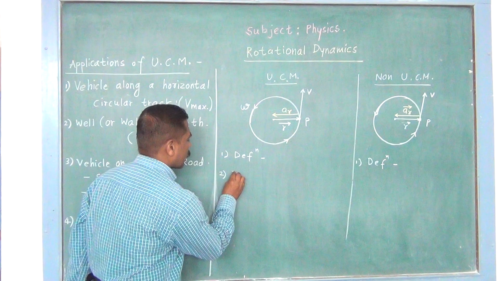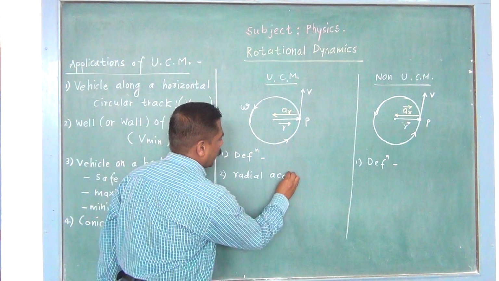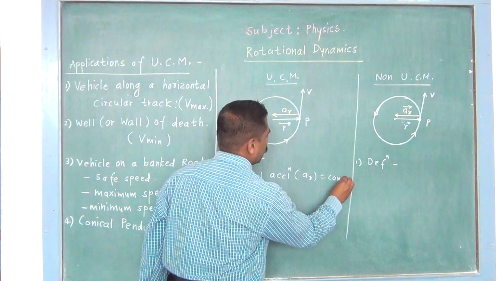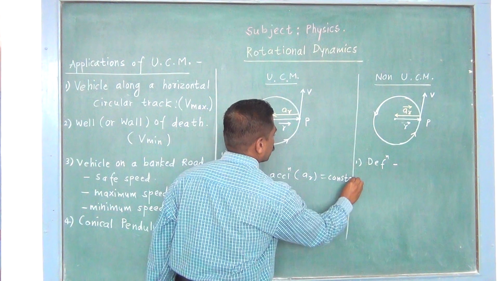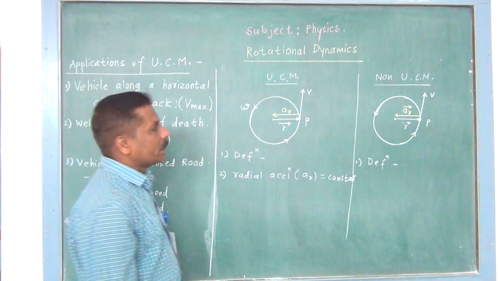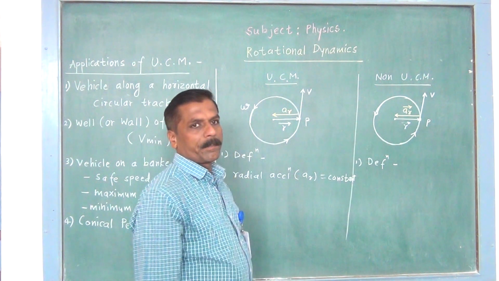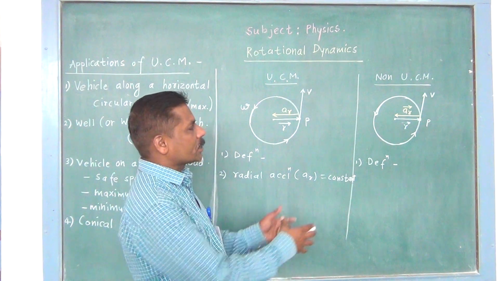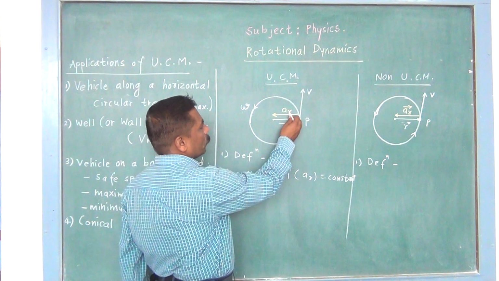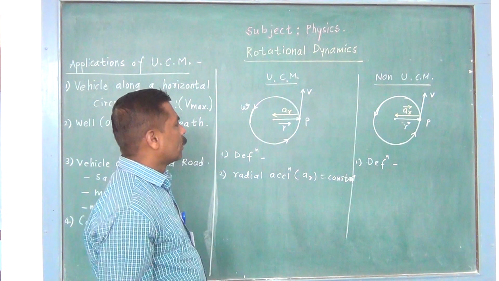So this radial acceleration, you can observe, is constant. While here you can observe the speed or the direction of the velocity goes on changing. We know the radial acceleration is responsible for the circular motion.